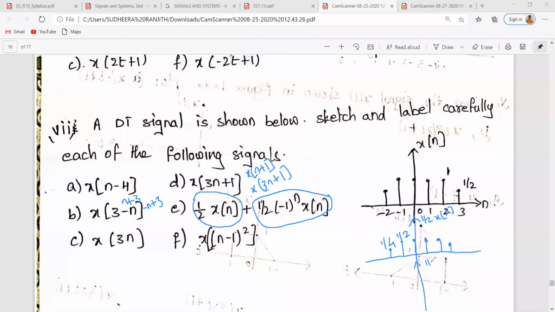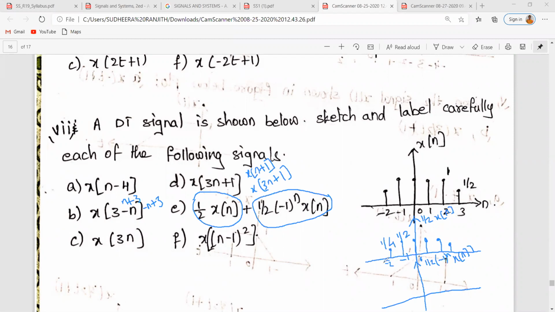Half into minus 1 whole power n into x of n. See, this is minus 2 and this is minus 1. It is 0, 1, 2, 3. So here it is half into x of n, right? So it should be multiplied with minus 1 whole power n.